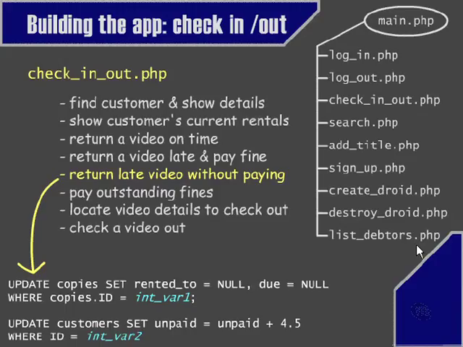First of which does exactly the same as the previous one, to put the copy of the video back on the shelf, and the second query returns the exact figure for the late fees in the customers table, in the unpaid column. And here the 4.5 should actually be a variable, and that would be something that would be returned by the application.